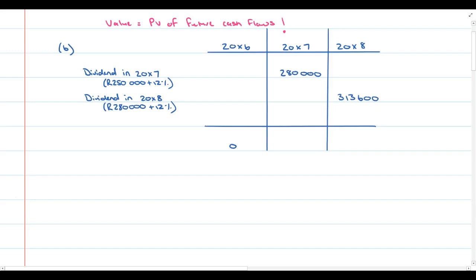So for the two periods where you don't have consistent growth in perpetuity, you deal with those dividends separately. Calculate the dividend for 20x7, calculate the dividend for 20x8, put them in the correct columns. Then after that, we have consistent growth in perpetuity, and we can then use the perpetuity calculation or the perpetuity formula.